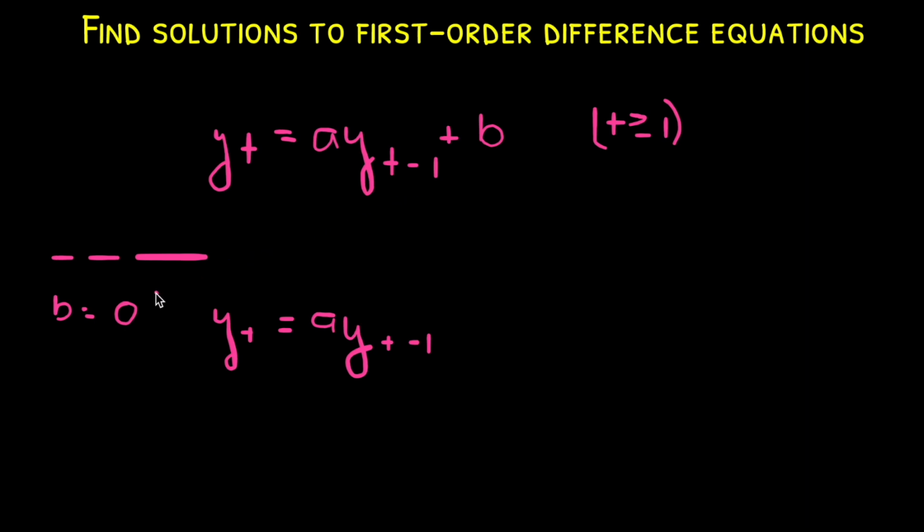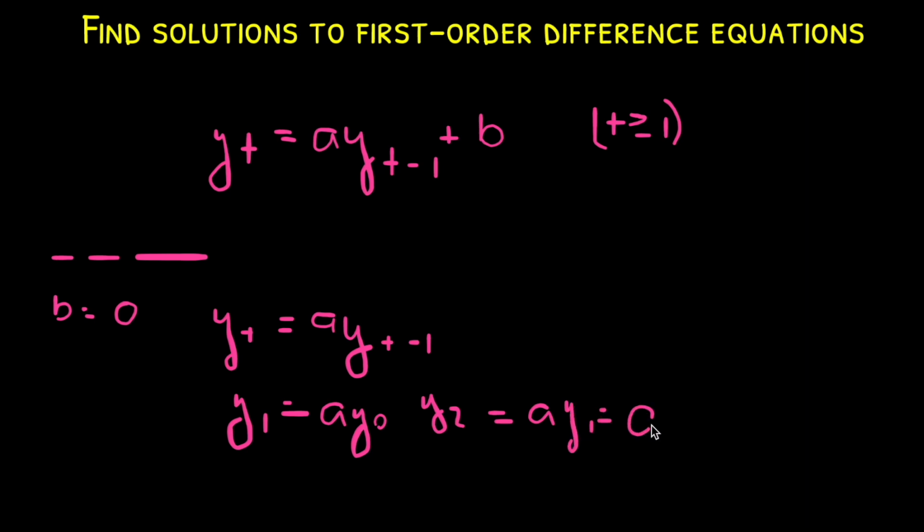In the case that b equals 0, the equation becomes yt equals a times yt minus 1. This is a homogeneous first-order linear difference equation with constant coefficients. Using it, we can find what y1 is equal to. That equals a times y0, and y2 equals a times y1, which equals a times a, which becomes a squared, times y0.